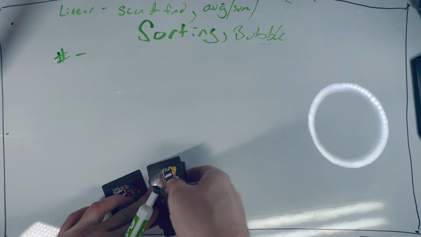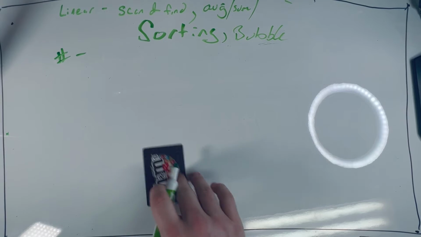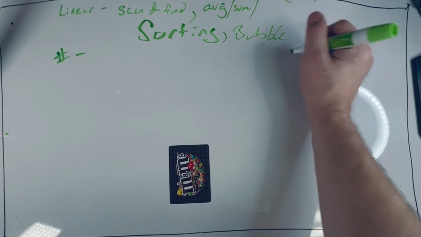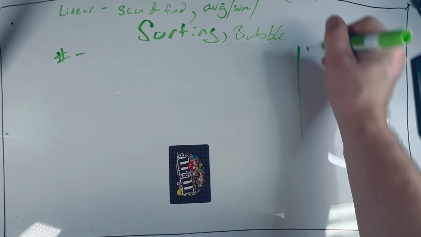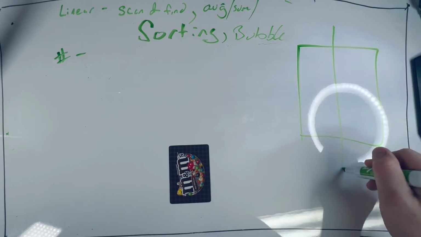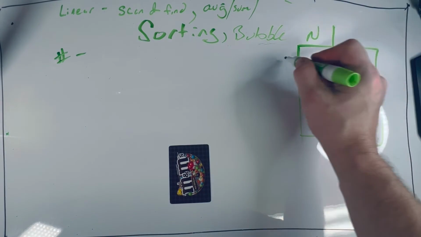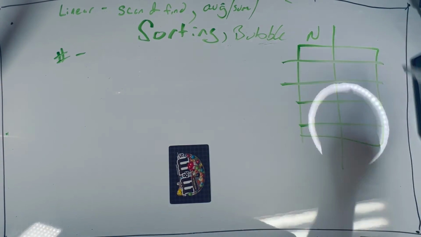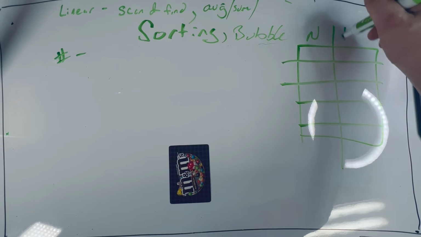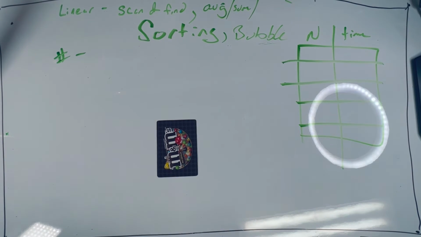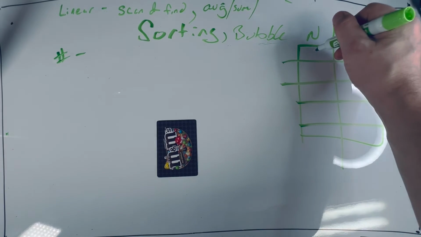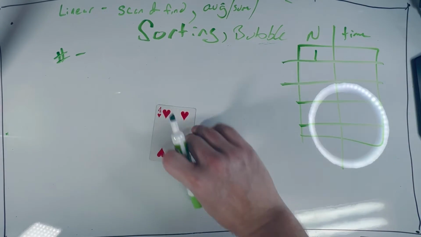Let's do it one at a time. So I have 1. I'm going to keep a little chart over here. We'll say number in my collection, and then we'll say time. For me to sort this, if I have 1 thing in my collection, I look at the number, it's sorted.